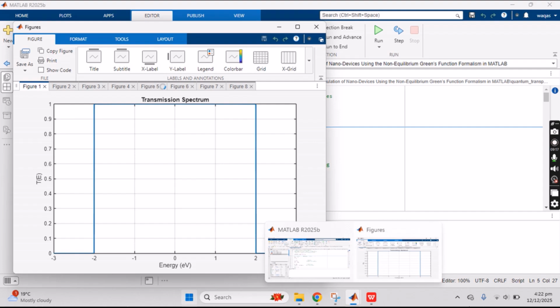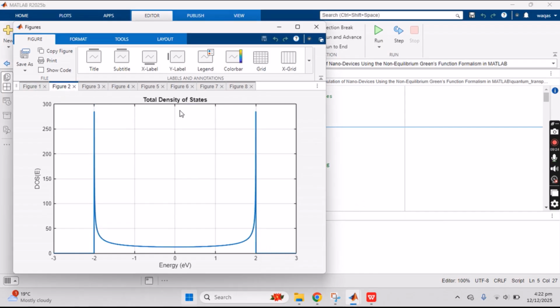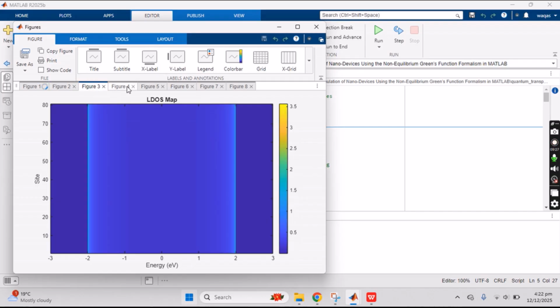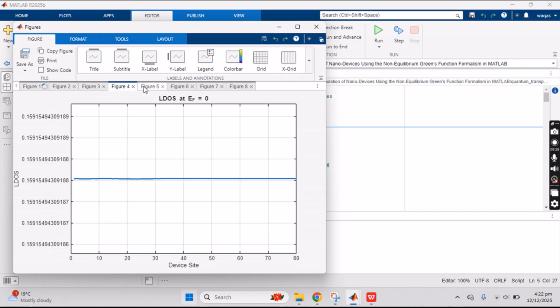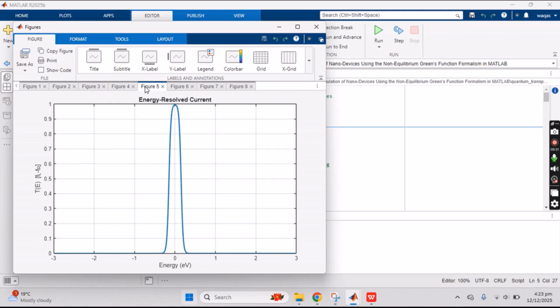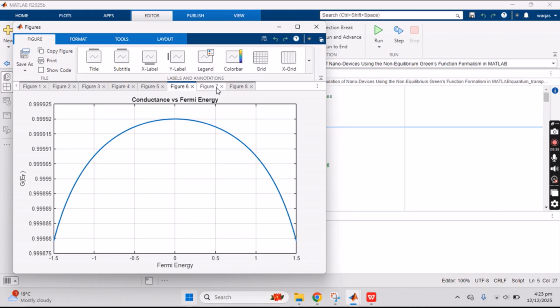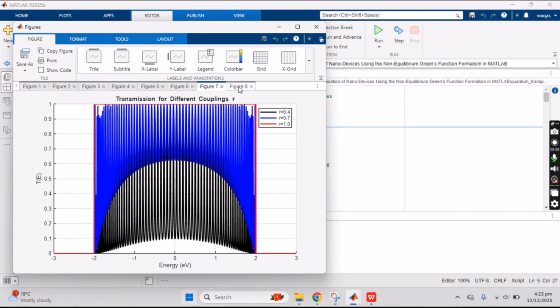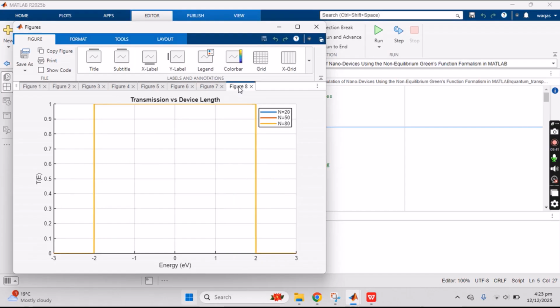Here is the transmission versus energy spectrum, the total density of states, and the LDOS map. Then the local density of states, energy versus Fermi energy, energy-resolved current, Fermi energy versus conductance, the transmission for different couplings, and the transmission versus device length.